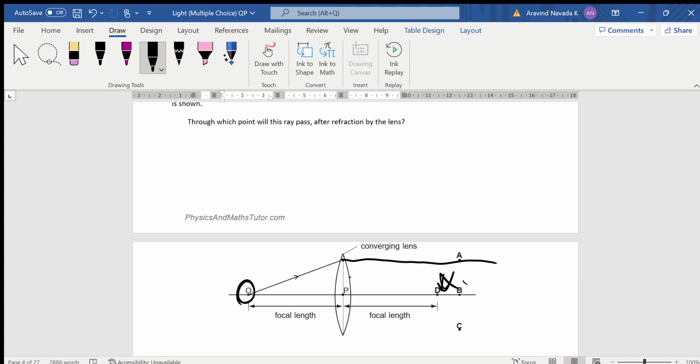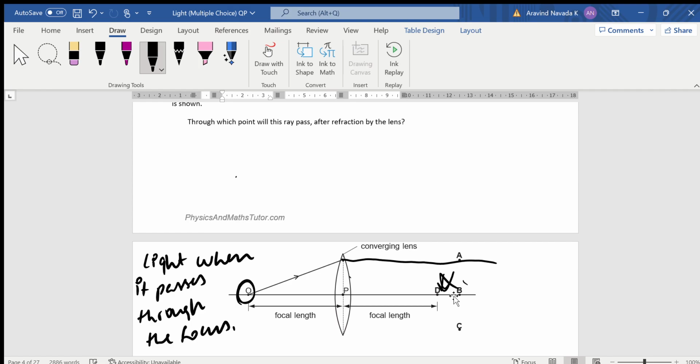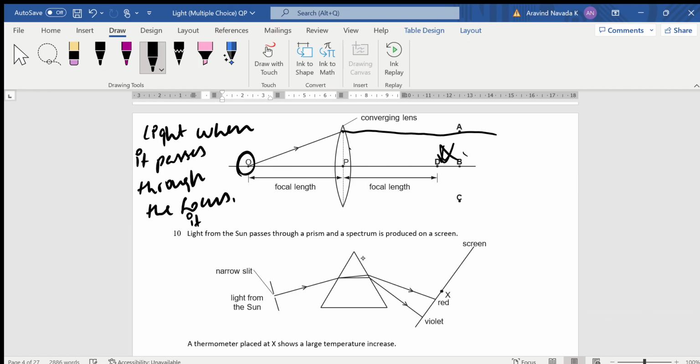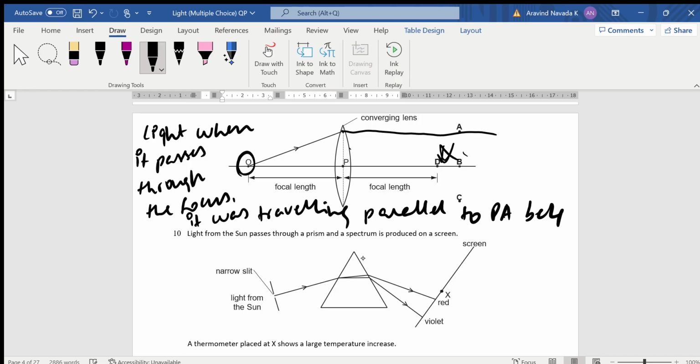This is the focus, and we should remember that light which passes through the focus was traveling parallel to the principal axis before. Now this is supposed to be parallel, I cannot draw that on my system. So the correct option is actually A.